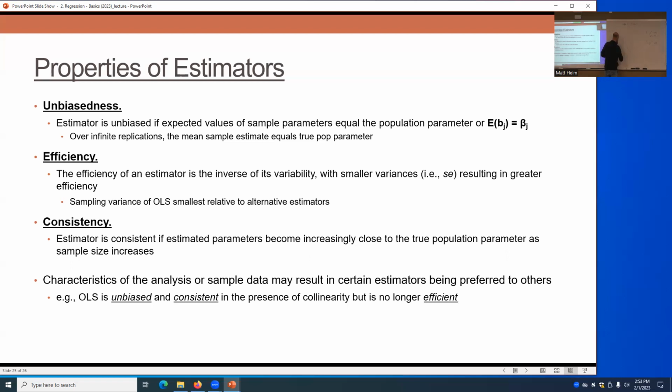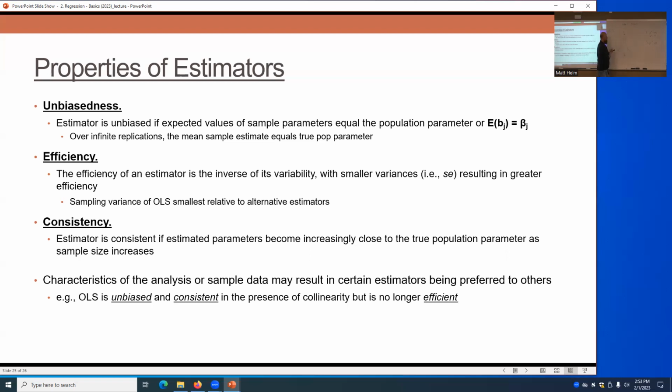Here's the mean, and here's my population value for weight and height. Any of those samples can vary about it.